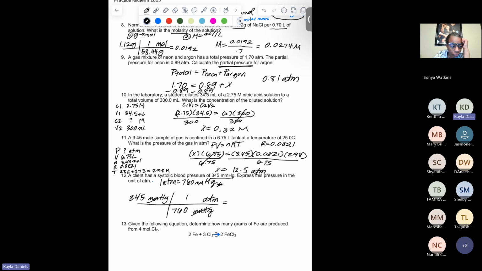So now I just need to divide 345 by 760. I get a little less than half.